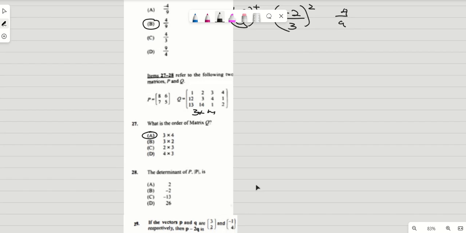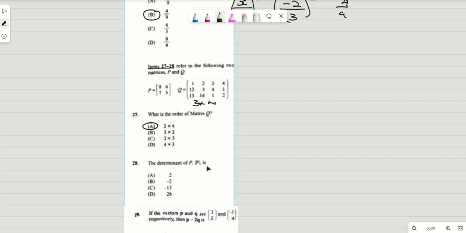The determinant of P is, now determinant P is equal to, if we have matrix, let's say this is A, B, C, D, your determinant is AD minus BC, right?